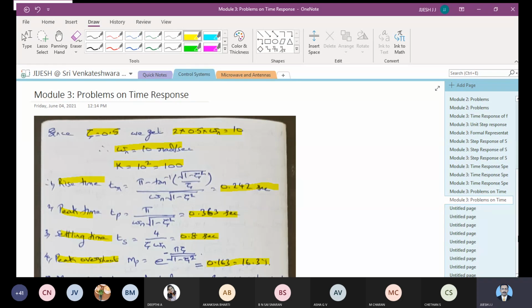So the first value, for TR, you got it as 0.242 seconds.